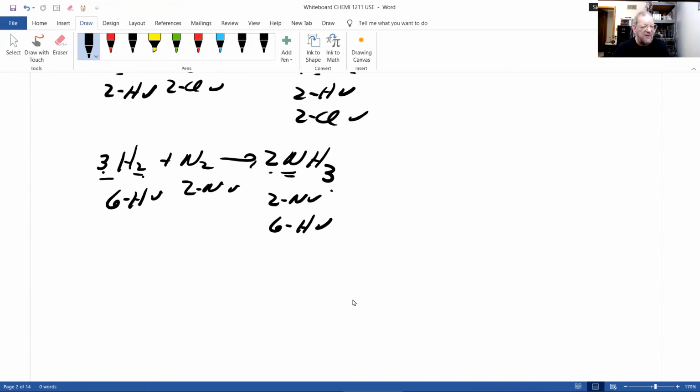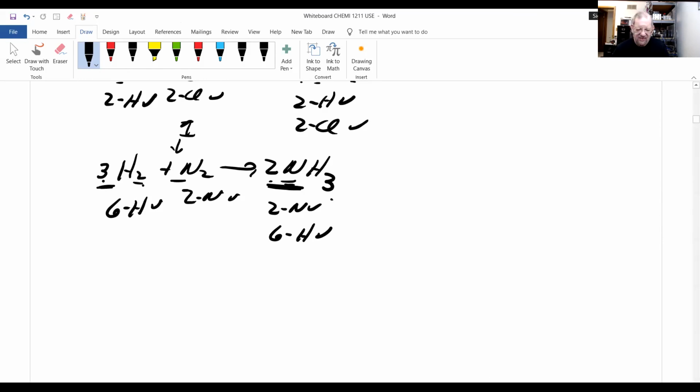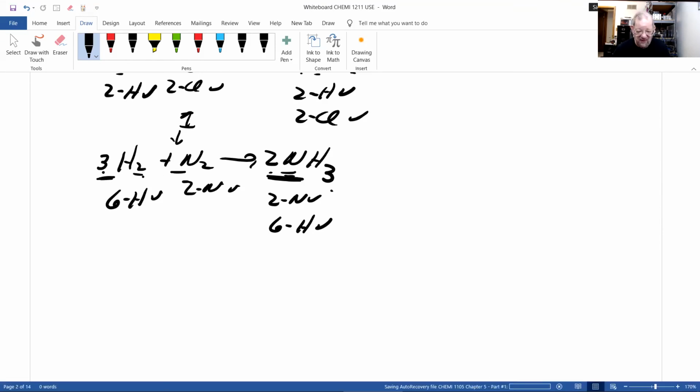So I take 3 molecules of hydrogen. Remember, no coefficient, it's the number 1. 1 molecule of nitrogen makes 2 molecules NH3, ammonia. And that's how you balance a chemical equation.